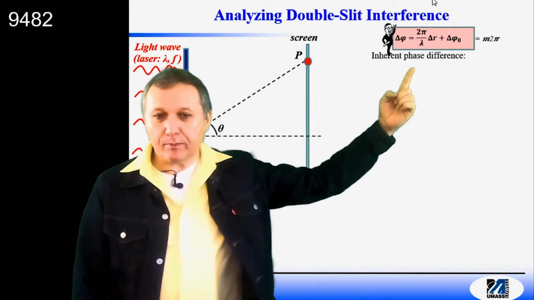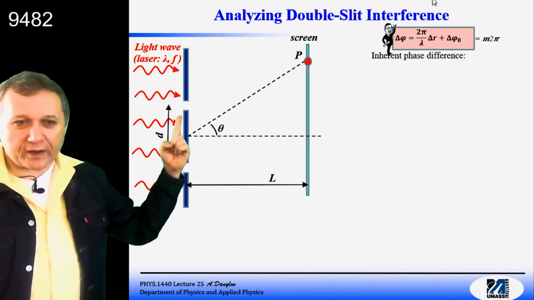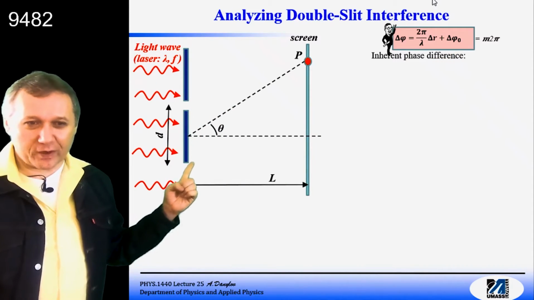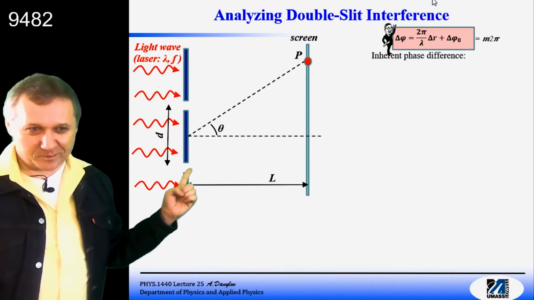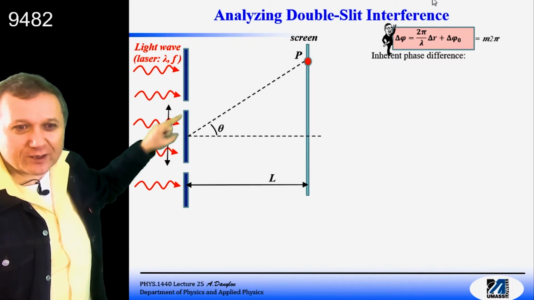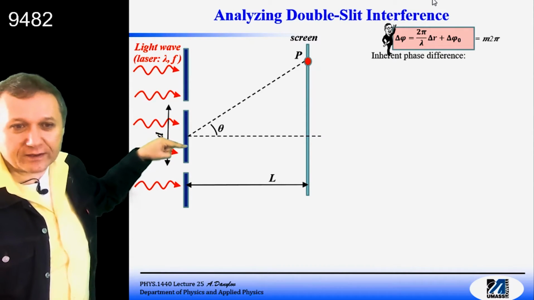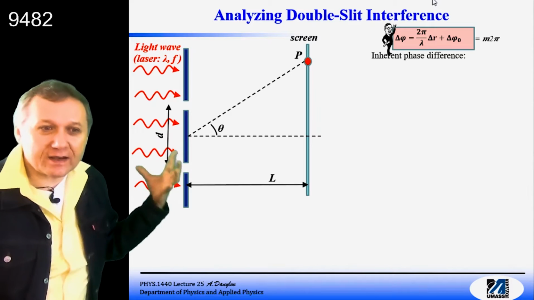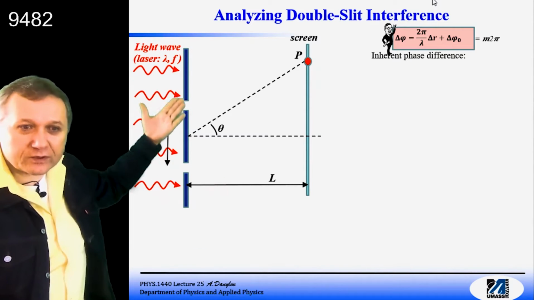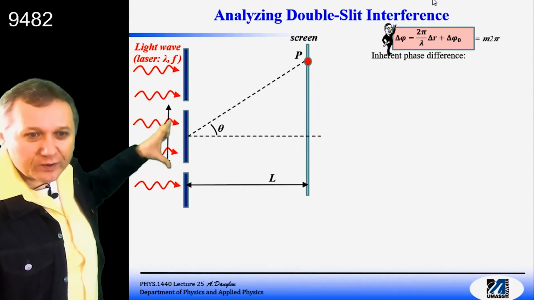What can you say about the inherent phase difference of the wave produced by this slit and the wave produced by this slit? These two sources are identical. So the initial phase of this wave and the initial phase of this wave are exactly the same, because basically what is happening here, we just split this laser light with these two slits.